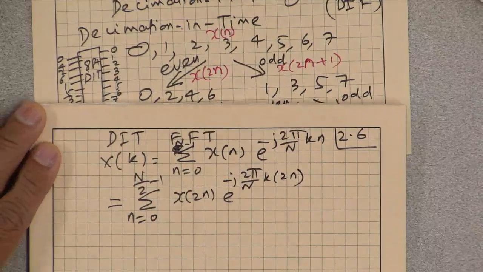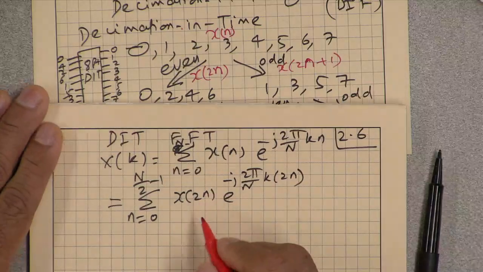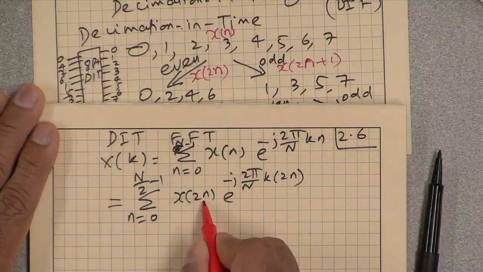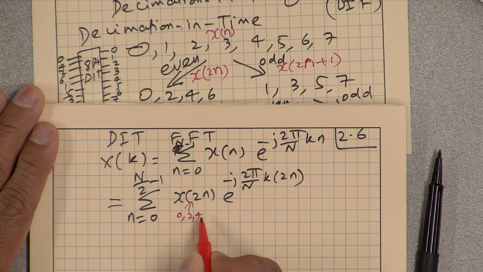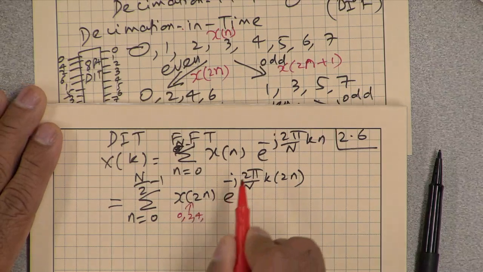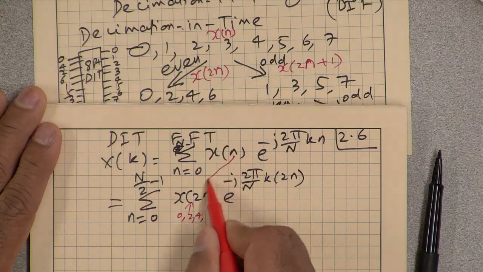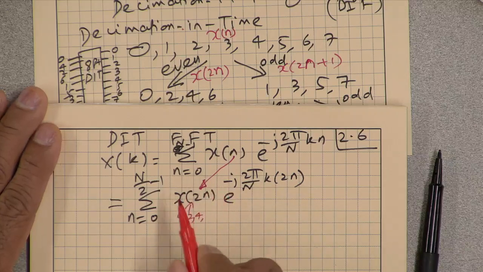Okay, think about what I'm saying here. When I substitute n equal to 0, 1, etc., these will be sample numbers 0, then n equal to 1 gives 2 times 1, 2 times 2, etc. So I've replaced n by 2n, I could have used 2r or 2l or something.